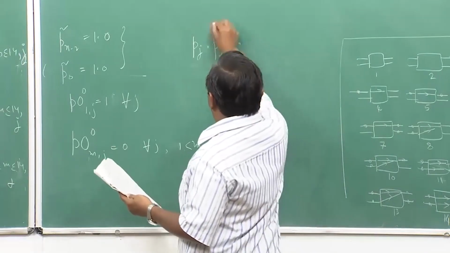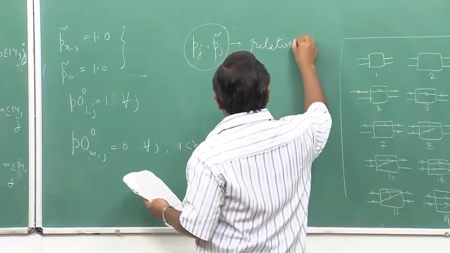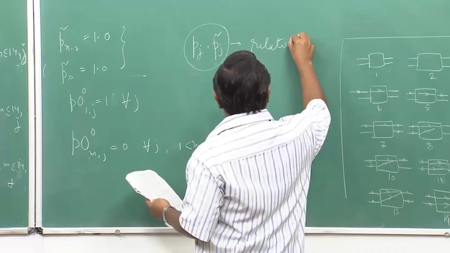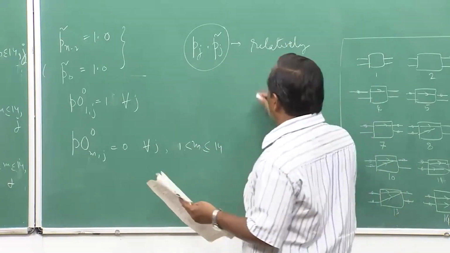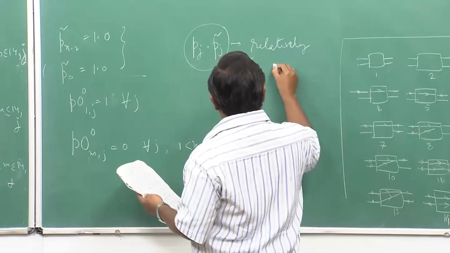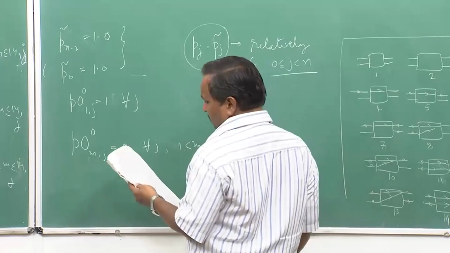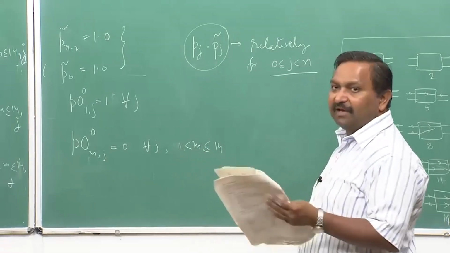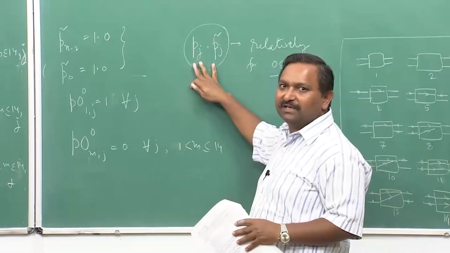When this value becomes relatively constant, your computation would have stabilized at that point of time, and this should become stable for all j. So for all stages the same average number of packets is going out; this will remain constant irrespective of j.